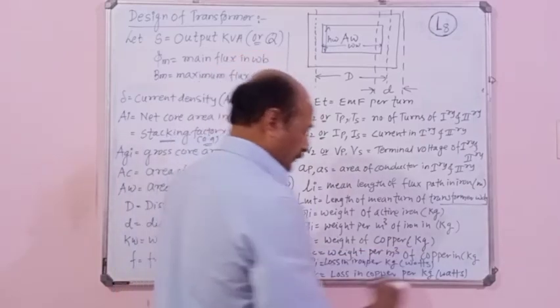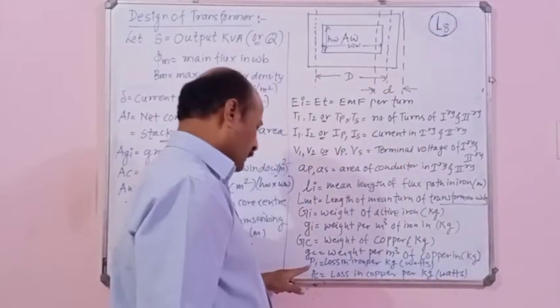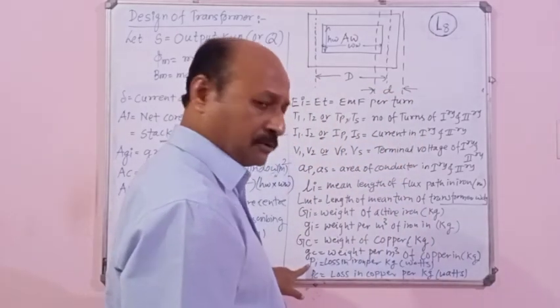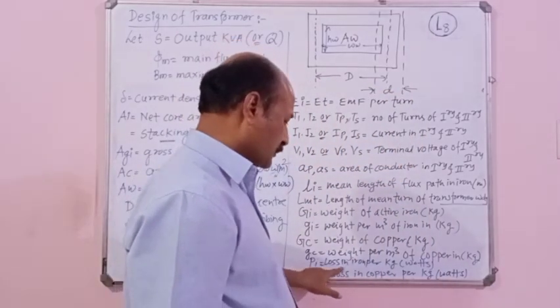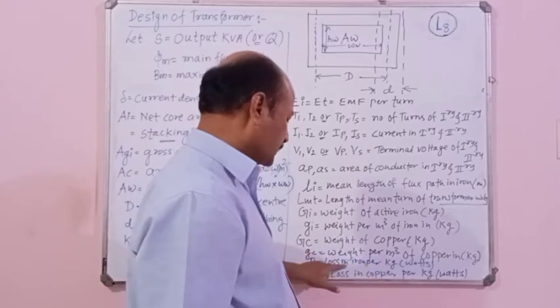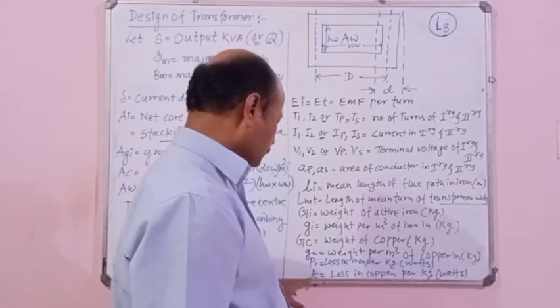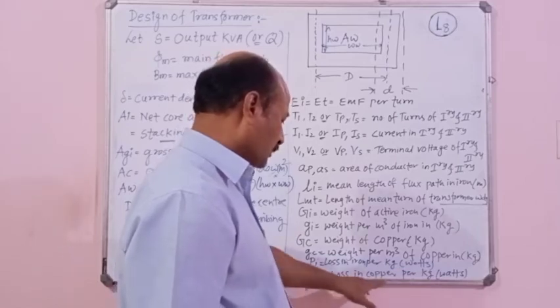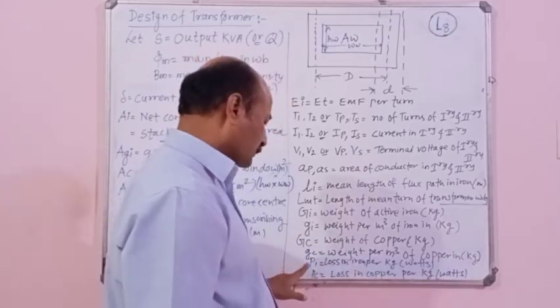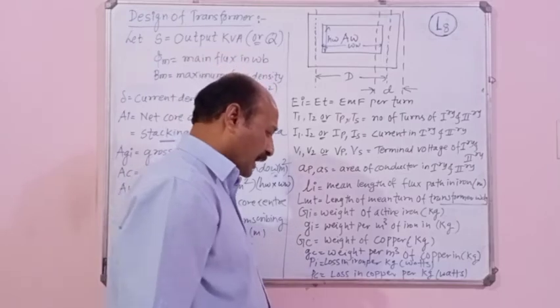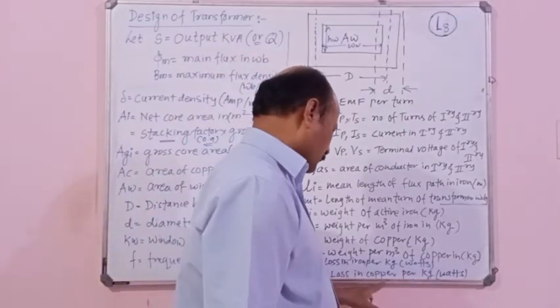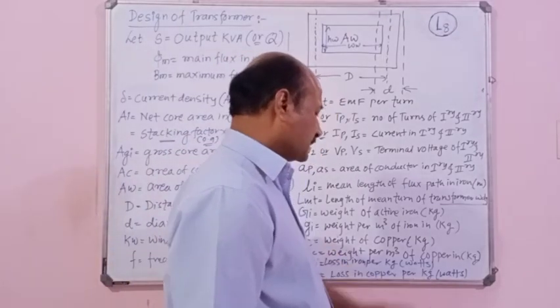Then the last two, Pi equals loss in iron per kg in watts, and Pc equals loss in copper per kg in watts.